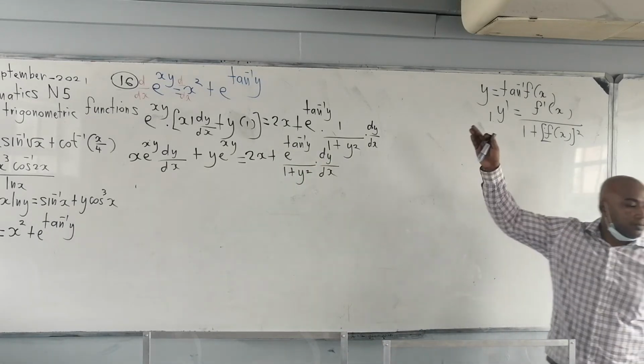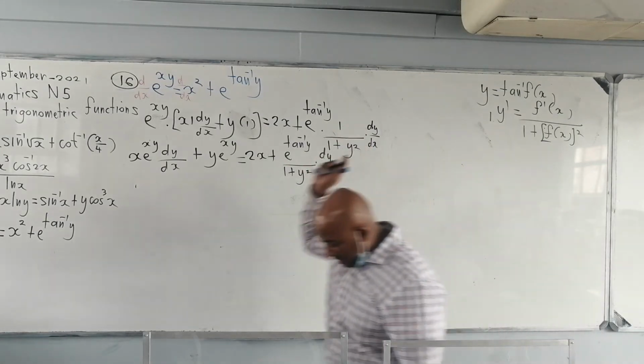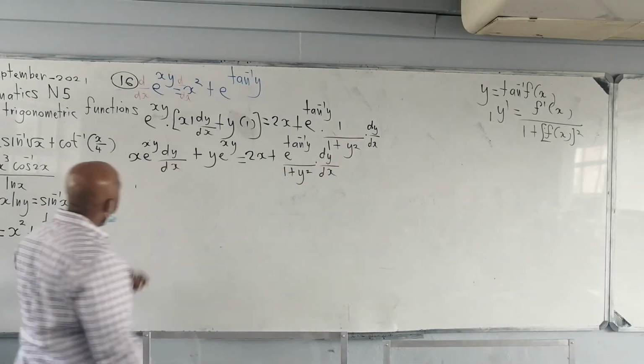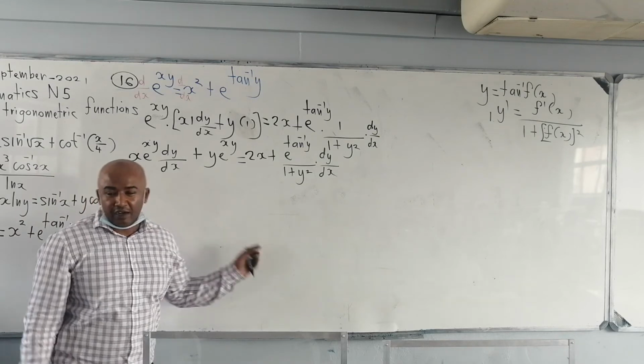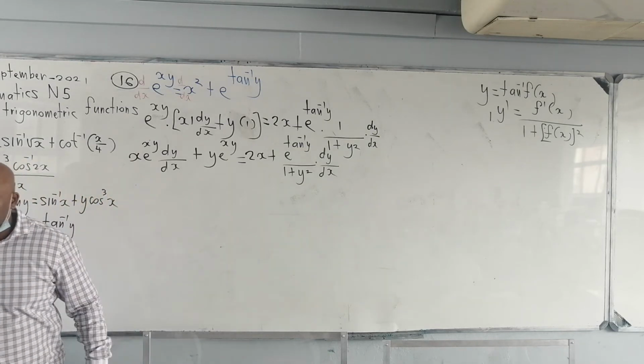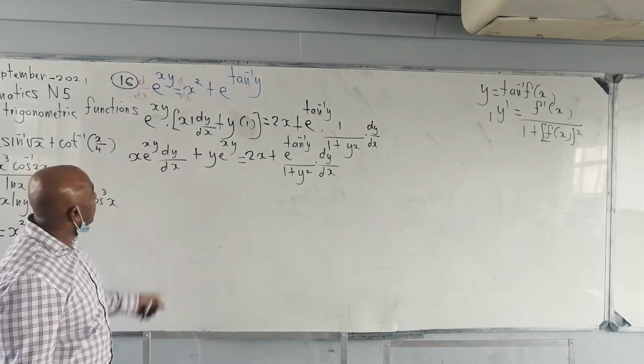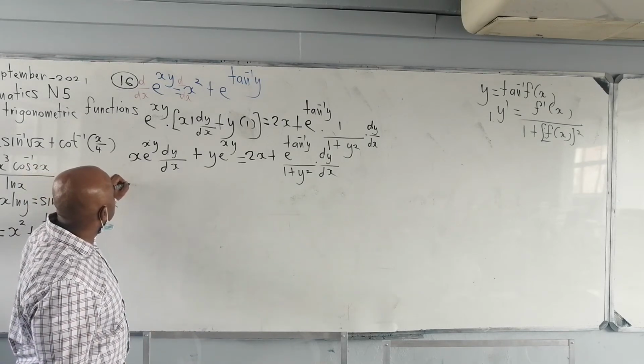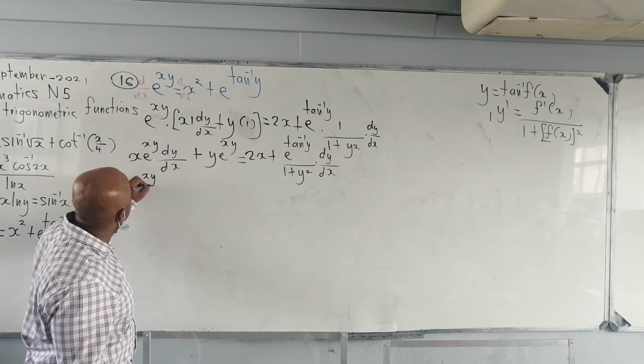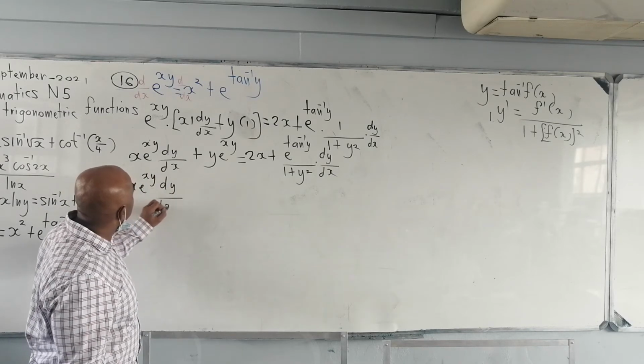Take all your like terms, all your dy over dx's to one side. I always take it to the left. You don't have to take it to the left. You can take it to the right if you want to. There's two sides. Okay, so now I got my x e to the power xy dy over dx.